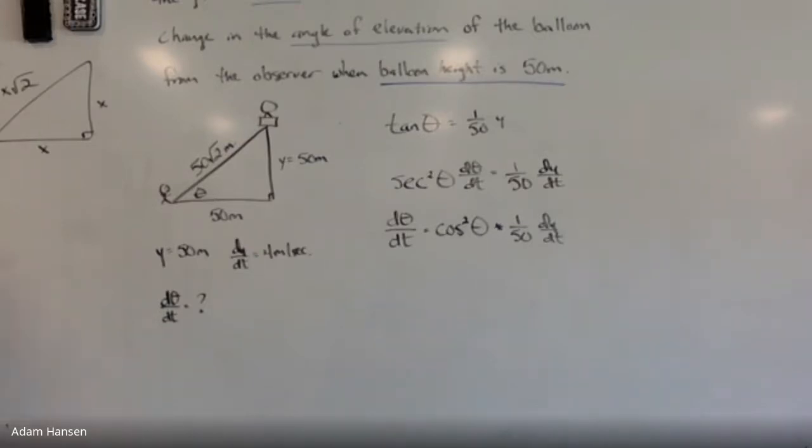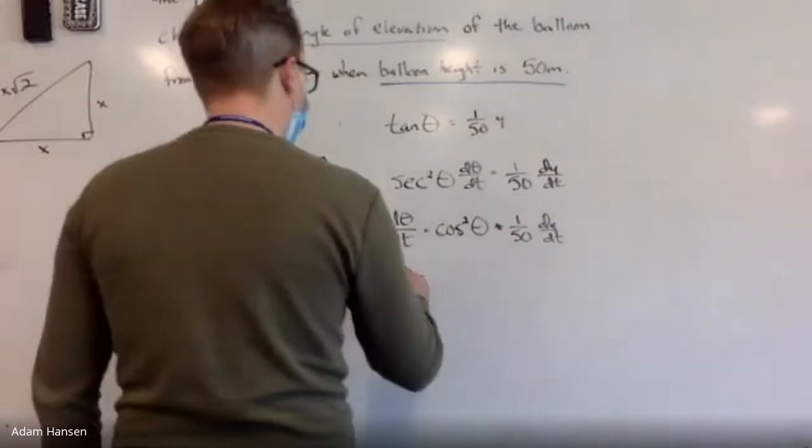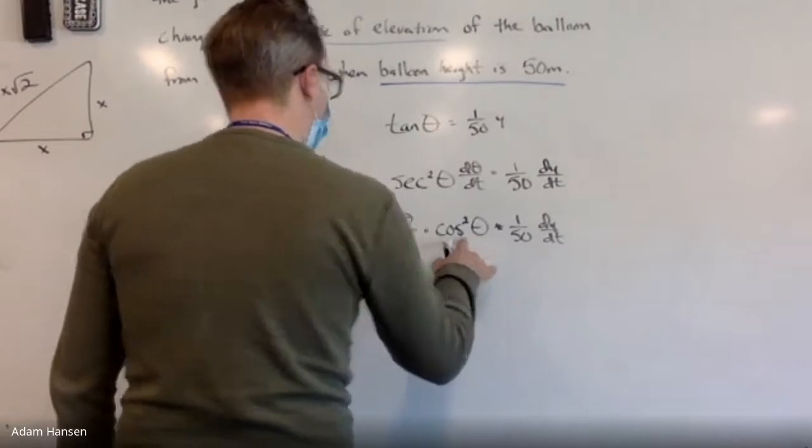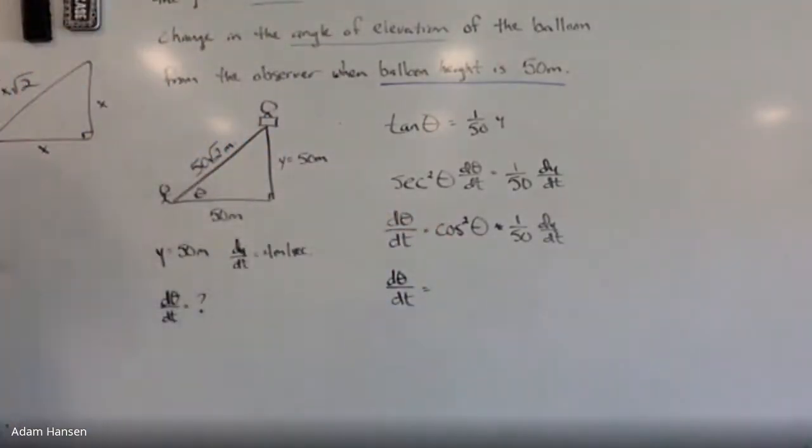Let's plug in everything I need. D theta dt equals cosine squared. What did we say cosine was a second ago? What ratio? What divided by what? Think SOHCAHTOA. Adjacent over hypotenuse.